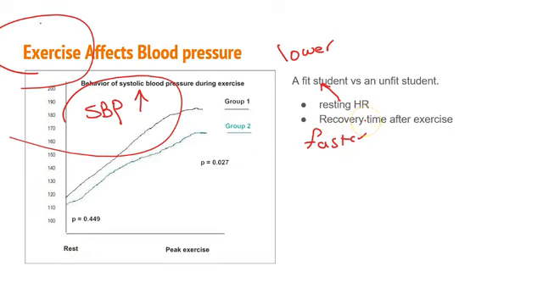Why? Because their body is used to regular physical activity. On the other hand, an unfit student might have a higher resting heart rate and take longer to recover because they are not as active.